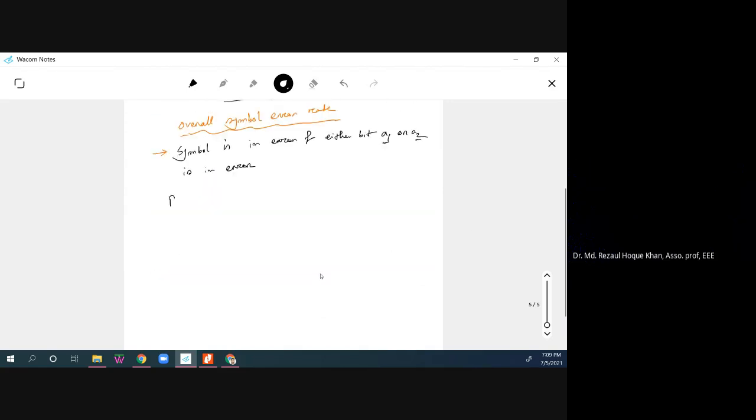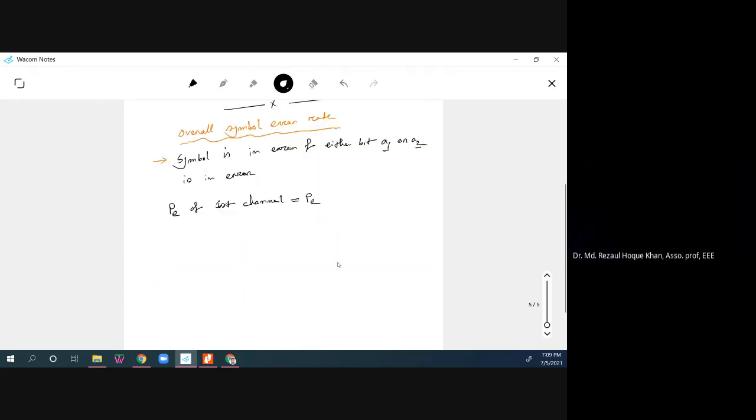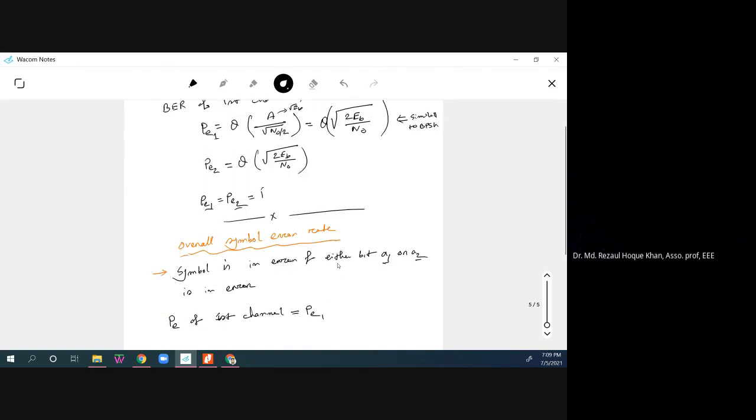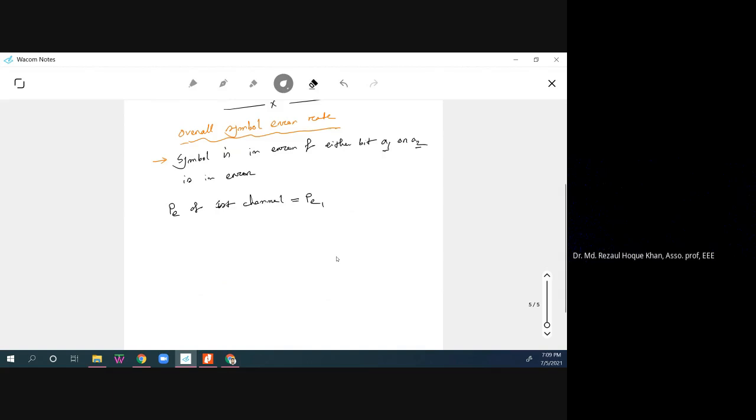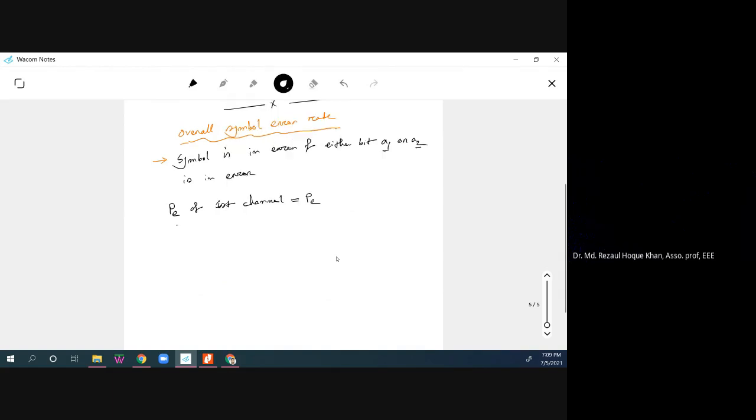We already know from the previous cases the probability of error of any channel. The probability of error of the first channel is PE.